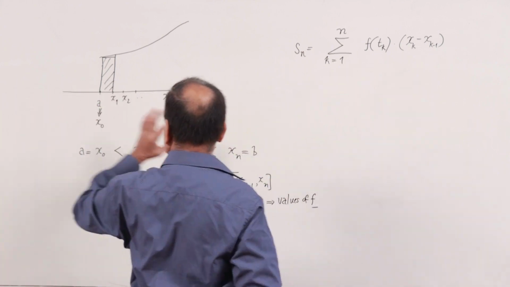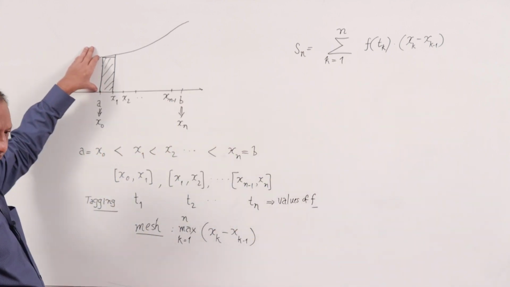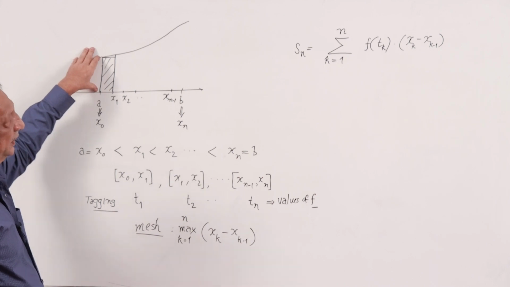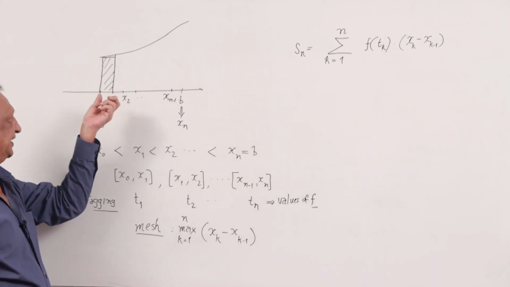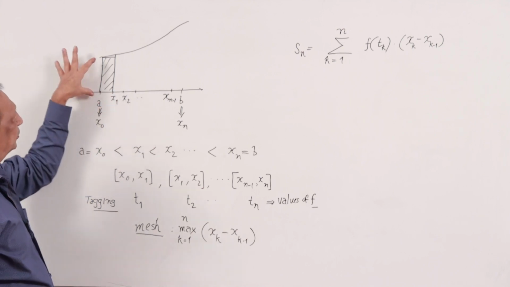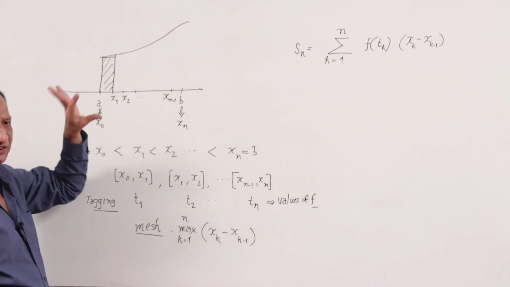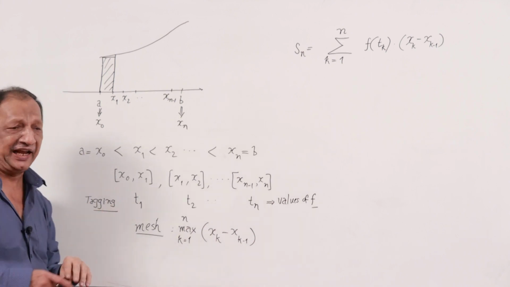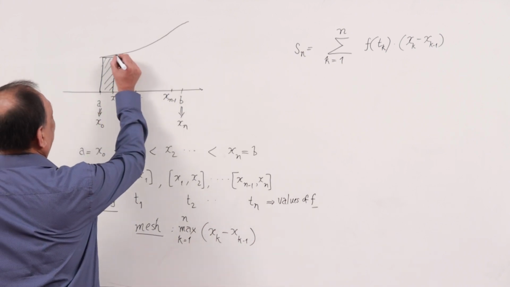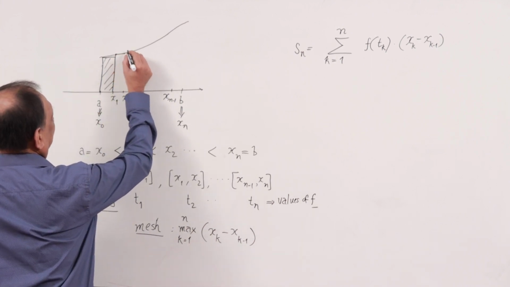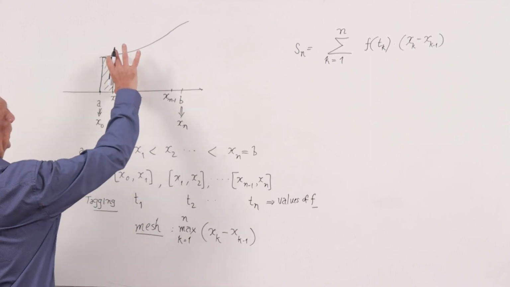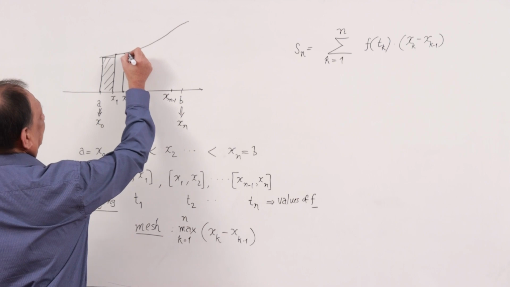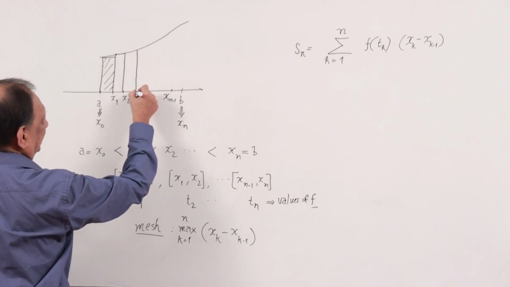So f(tk) is the height for the first rectangle, and x1 minus x0 is the width. That product is the area of this one slice or one rectangle. For the next one, we are multiplying the height at x1 by its width. Correct? No?